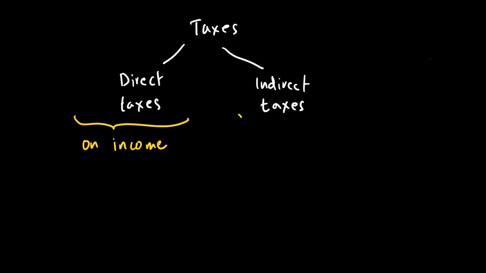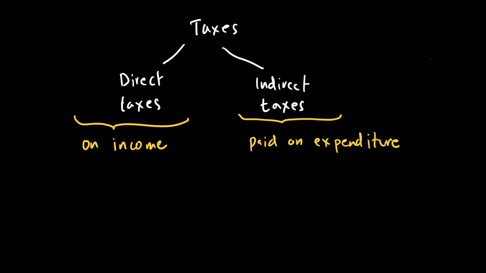On the other hand, indirect taxes are taxes which are paid on expenditure. What do I mean by paid on expenditure? Well, it means that these taxes will only be paid when you undertake a transaction. For example, I go and buy a good, let's say a can of Coke.